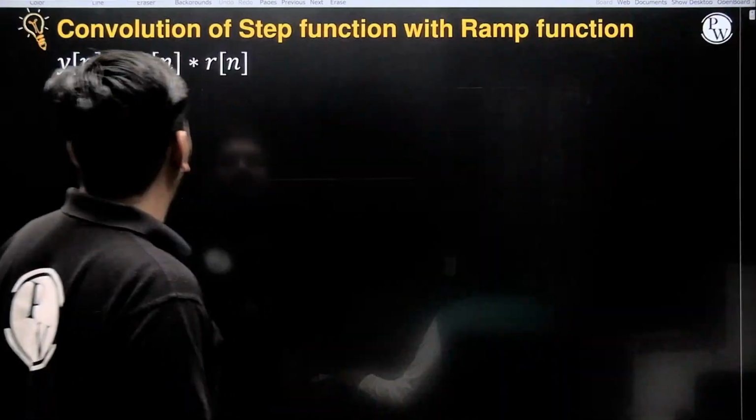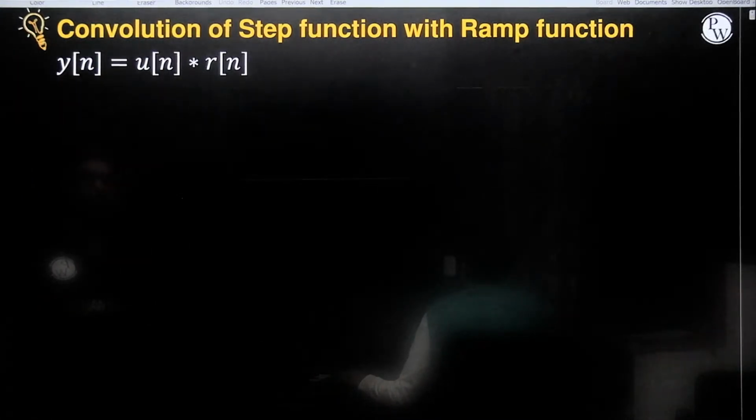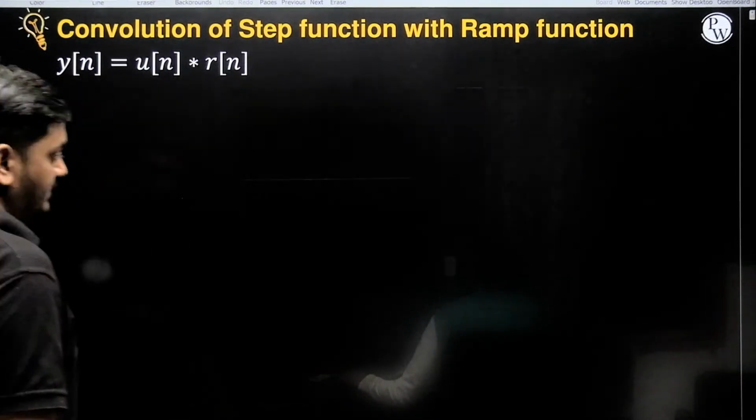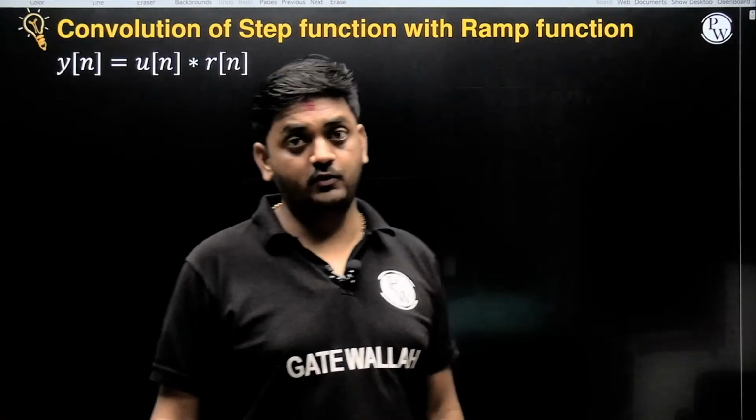Now next is the convolution of u of n with r of n. Like u of t with r of t is nothing but what? t square by 2 into u of t.